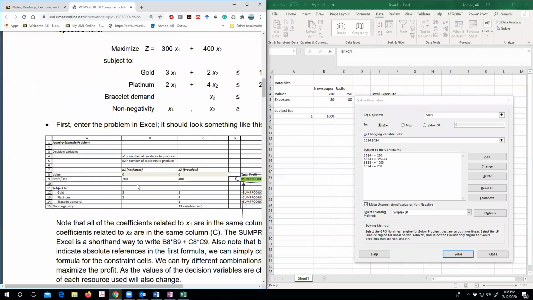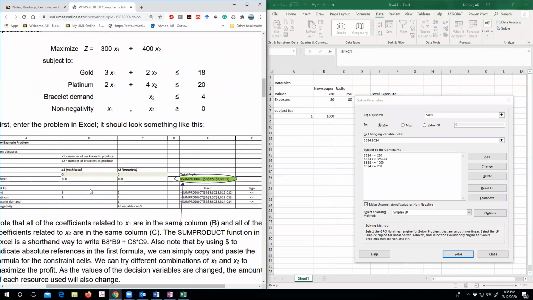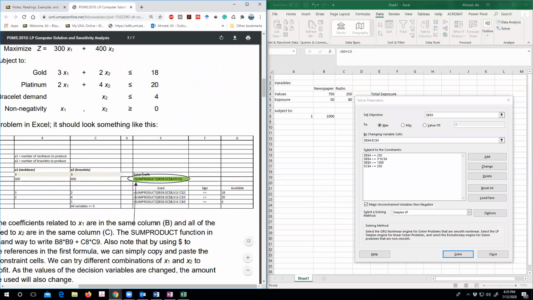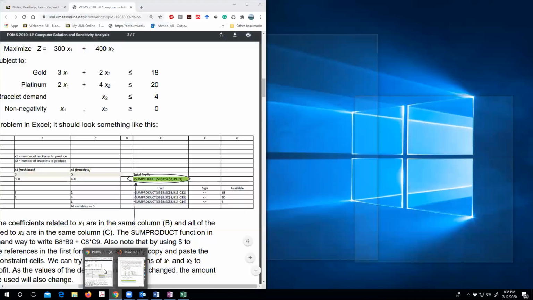In this example, we draw everything just to enter it in Excel. That was the only goal. It's just about entering in Excel. So this was easier. We can just directly enter everything in Excel.